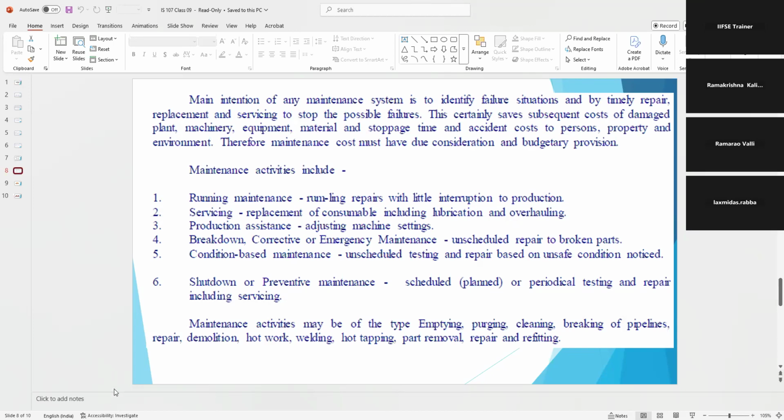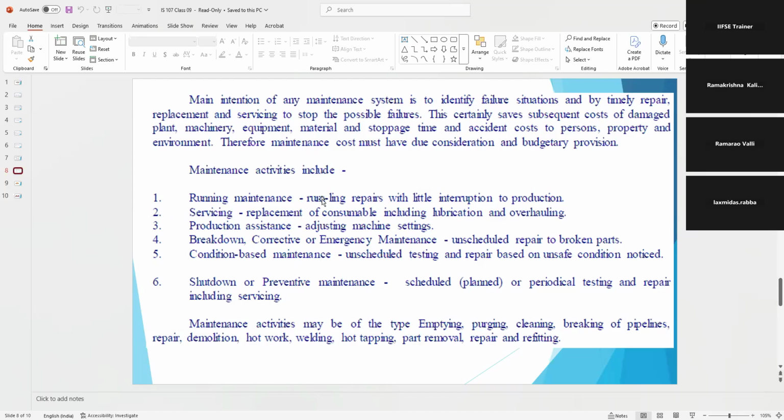We are able to avoid the possible cases and also the damages to the machineries and plant. Sometimes, in case of damage of any oil seal, it can take out a complete batch of production. So the organization should consider this, and they have to allocate some budget for the maintenance.